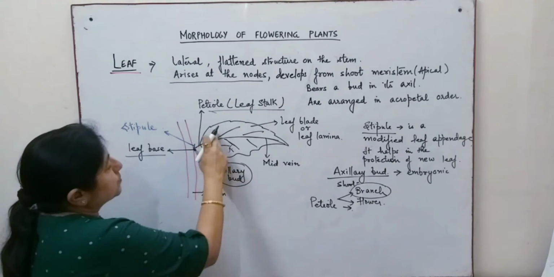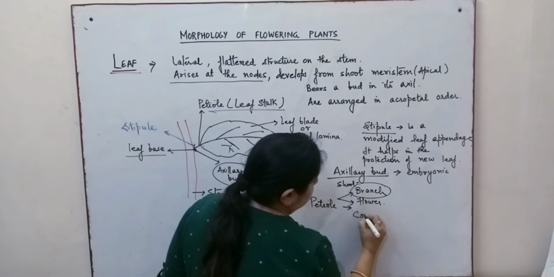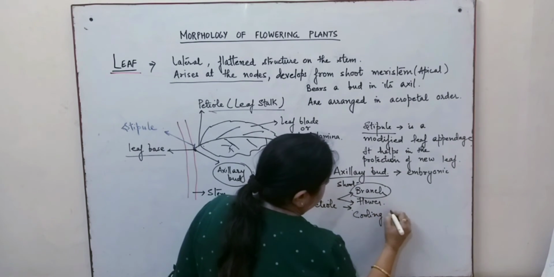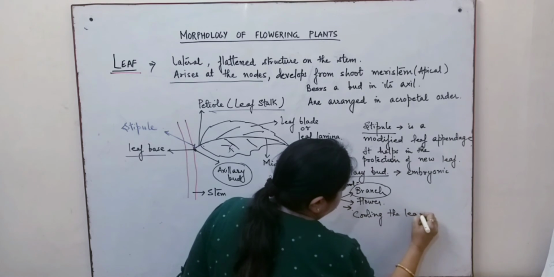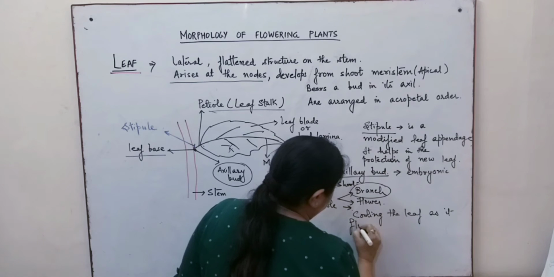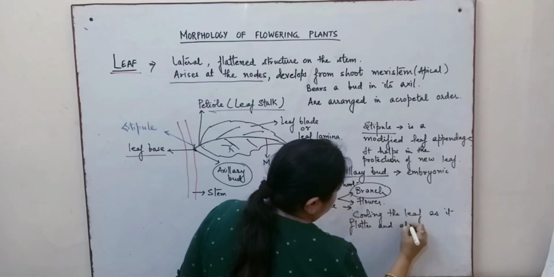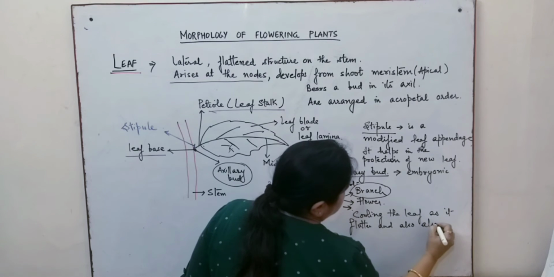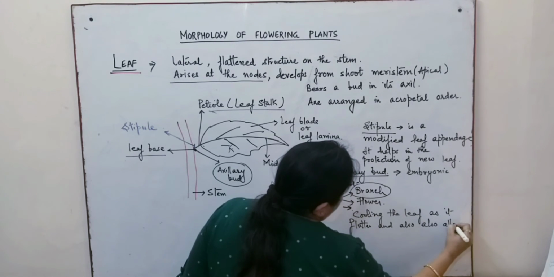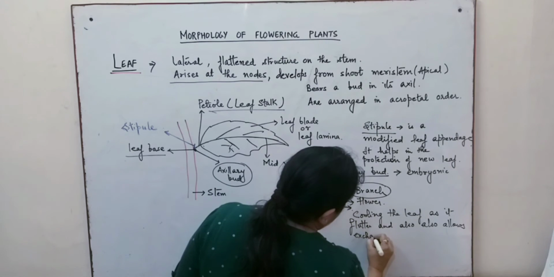So the petiole is performing two important functions. That is, first, it is cooling the leaf as it flutters, and also allows the exchange of gases.